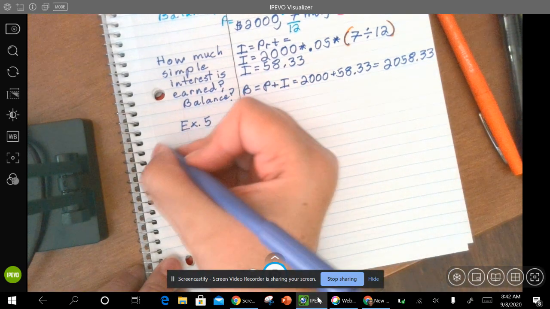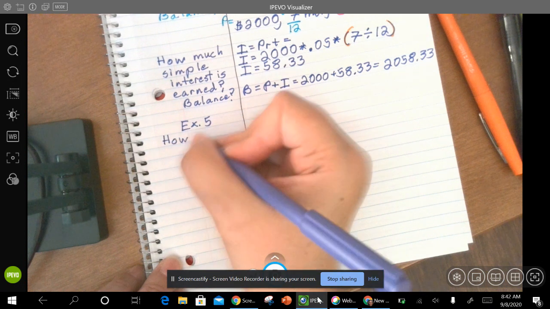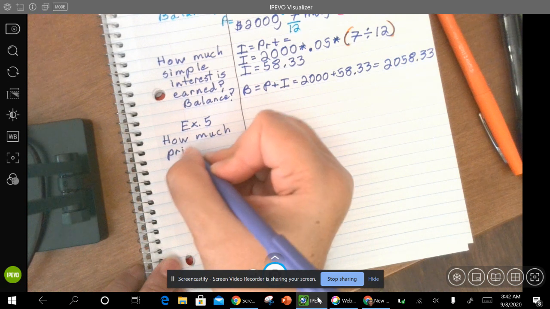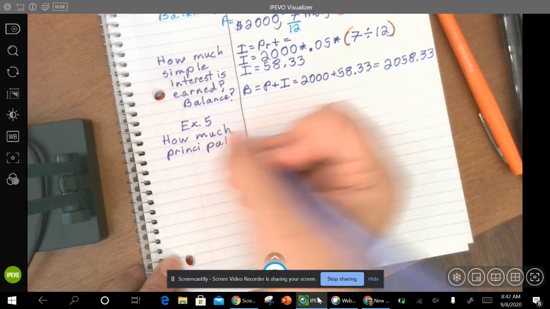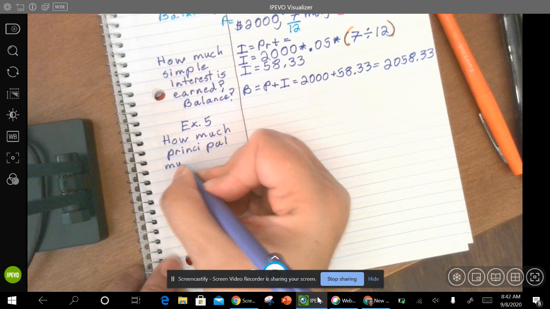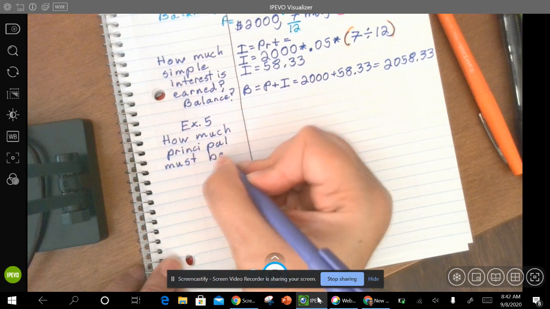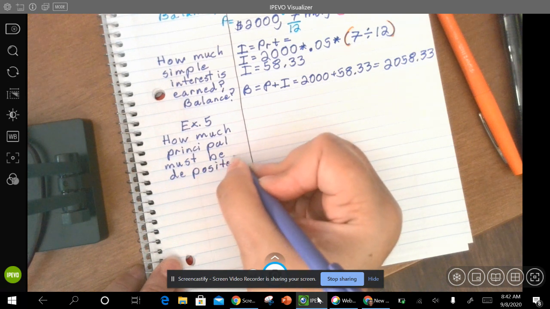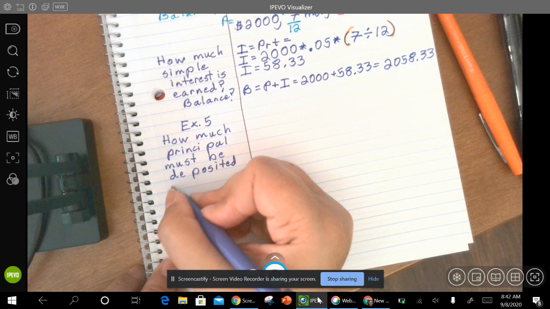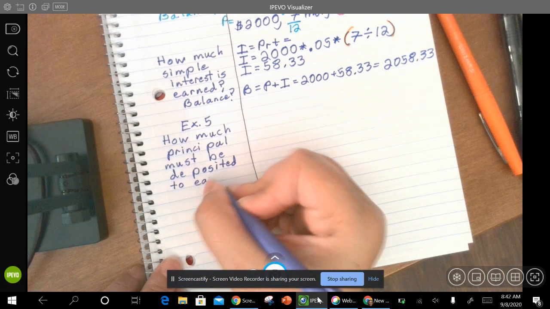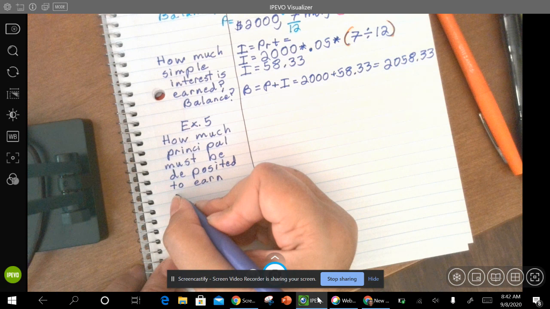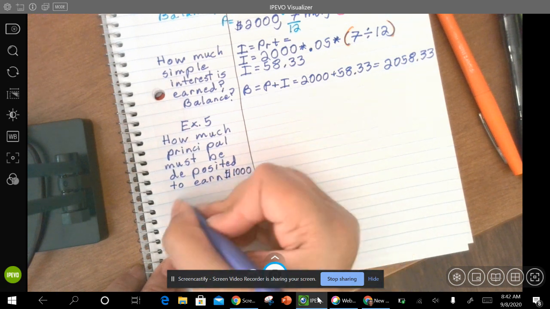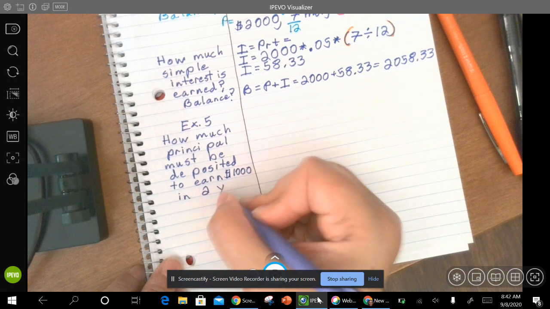So how much principal must be deposited to earn $1,000 in 2 years?